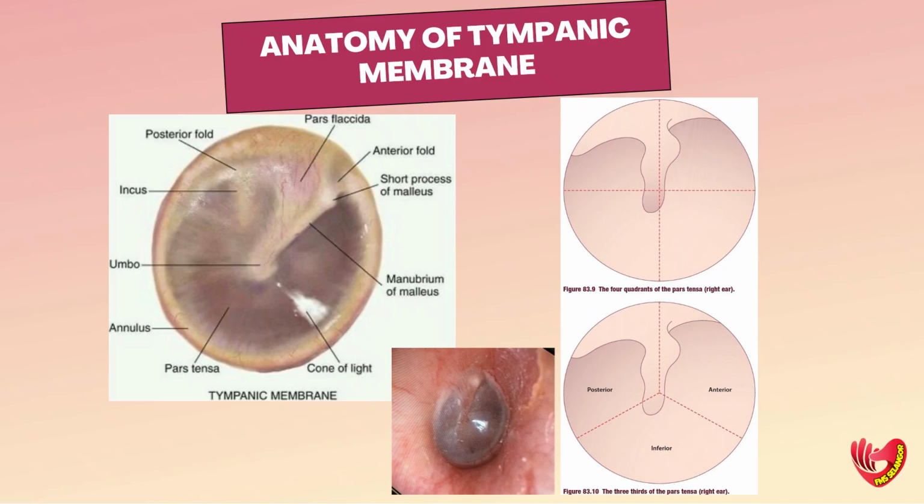Second, the transparency, to assess for fluid and opacity. Third is the position, to assess if it is bulging or retracted. And finally, number 4, the landmarks, to identify other structures, for example the cone of light or the malleus handle.